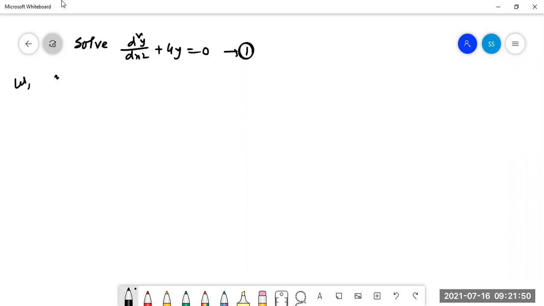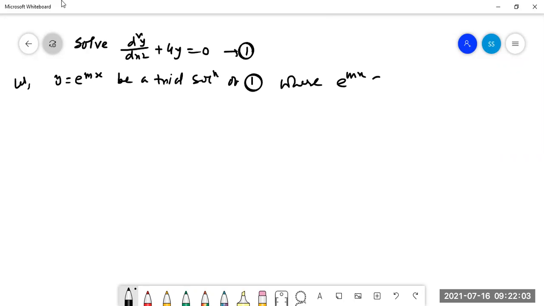So same, let y equal to e to the power mx be a trial solution of 1, where obviously e to the power mx is not equal to 0. So dy/dx is equal to m e to the power mx, and d²y/dx² is equal to m² e to the power mx.